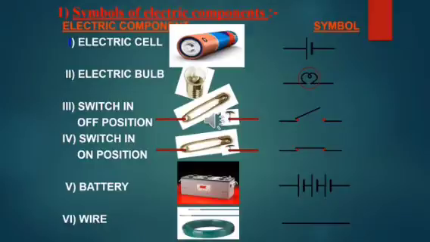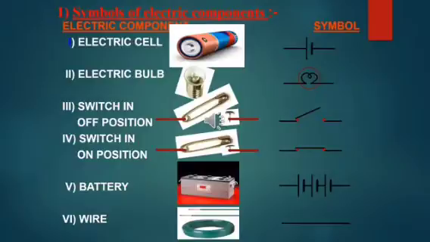Such a combination of 2 or more cells is called a battery, and we have devices such as torches, transistors, toys, and remote controls that use these batteries. Have you understood this? This is a battery.